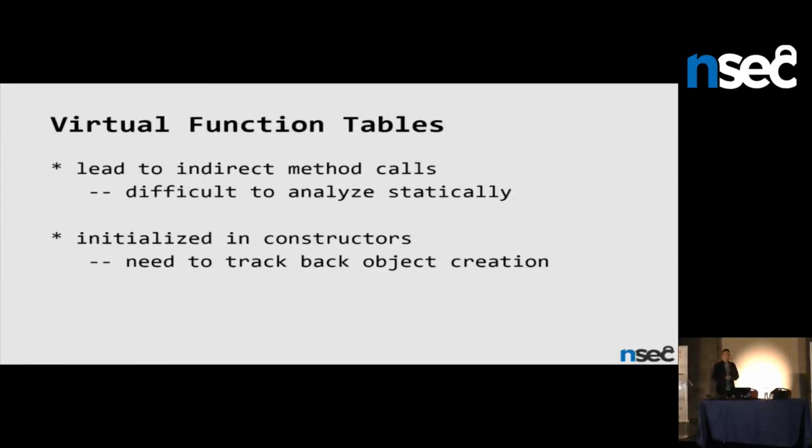To identify this, you would need to track the object back to its creation to find the constructor, the particular place where this object is instantiated, and from the constructor you just grab the pointer to the virtual table, which is also generally a hard task. Because, for instance, you may be reversing some piece of code which reads objects from a vector and executes some routine in the virtual table, but where these objects came from is not clear.